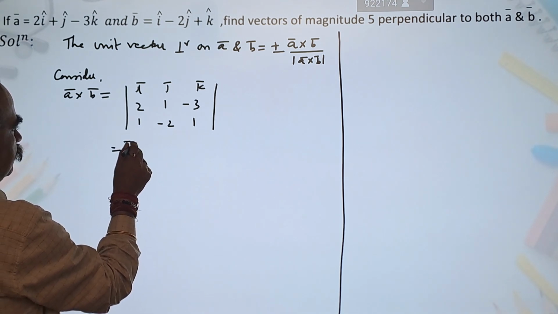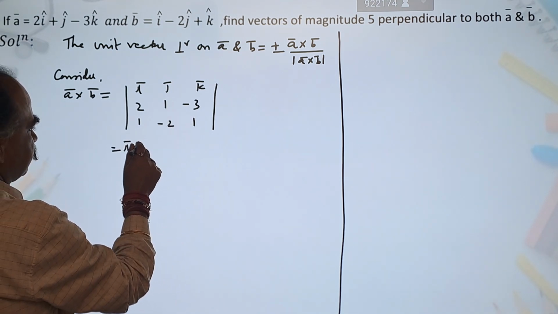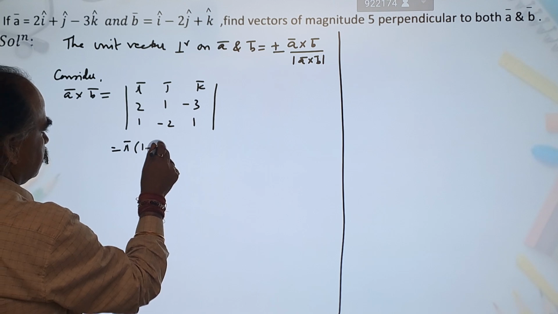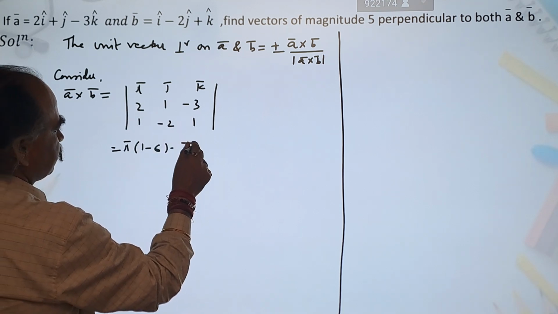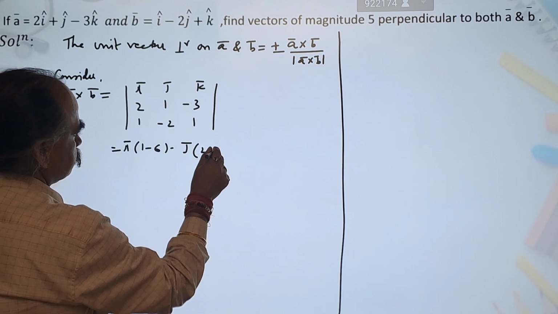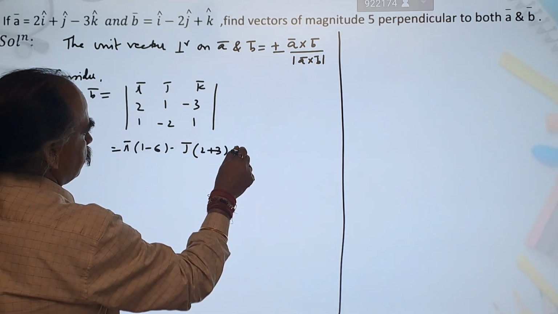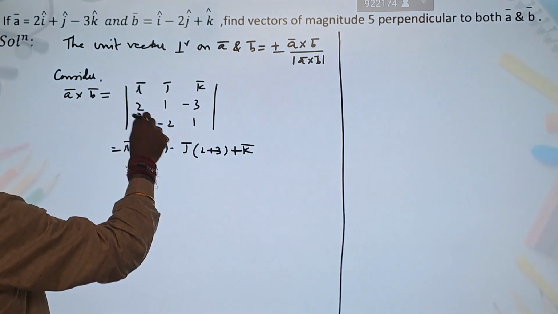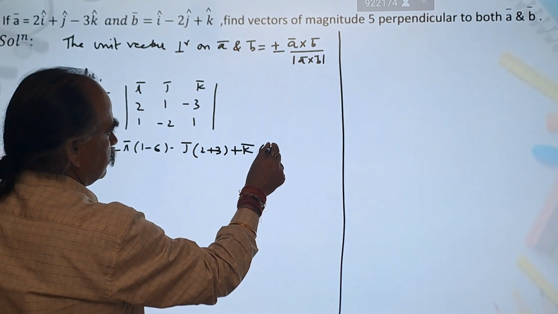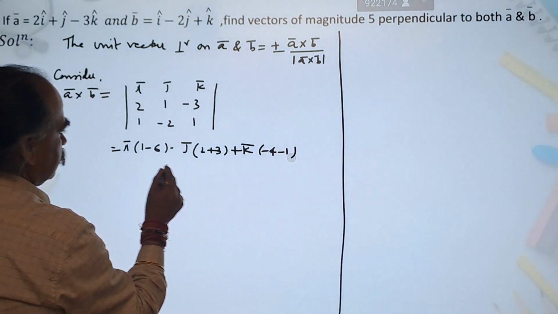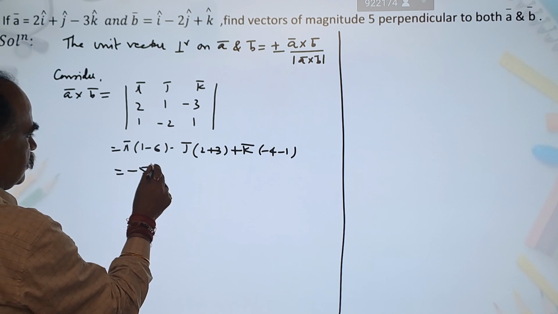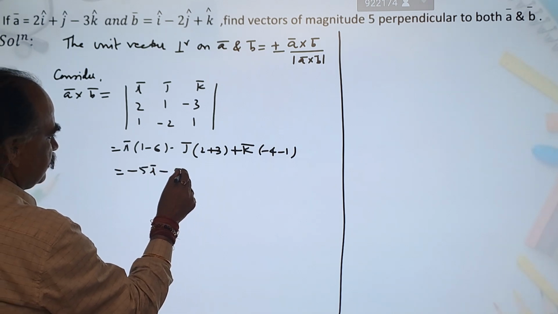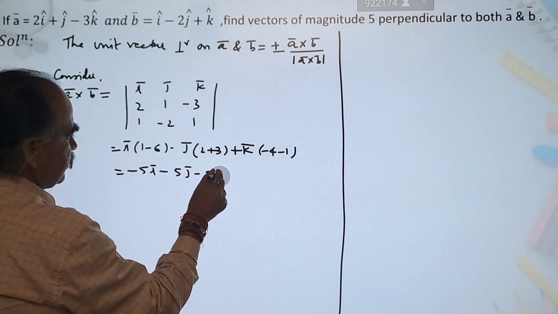is equal to I bar into 1 minus 6 minus j bar into 2 plus 3 plus k bar into minus 4 minus 1, is equal to minus 5i minus 5j minus 5k.